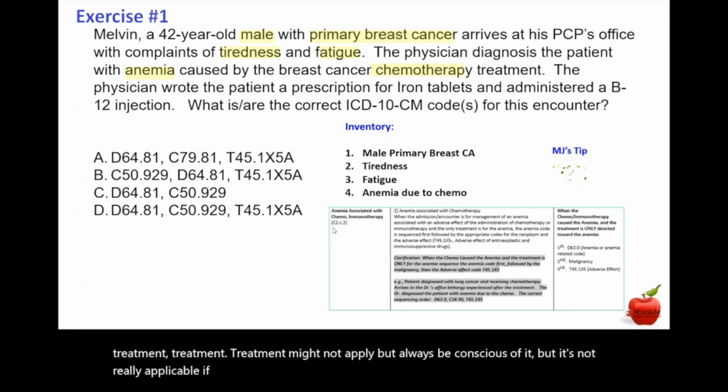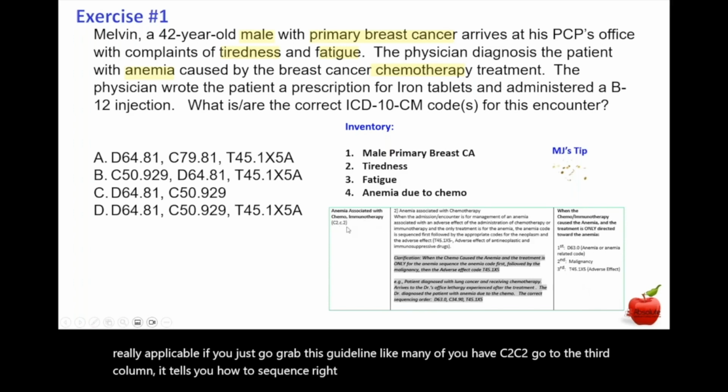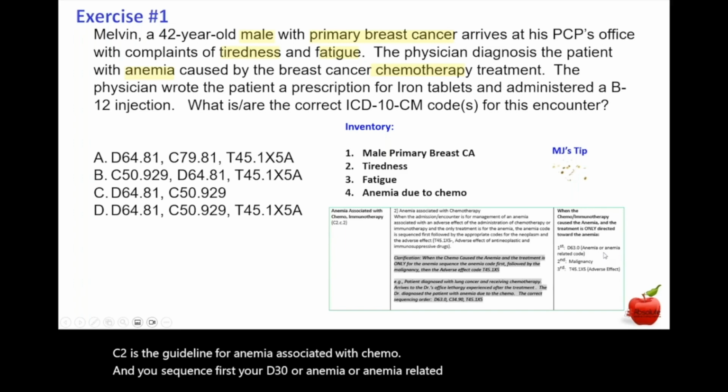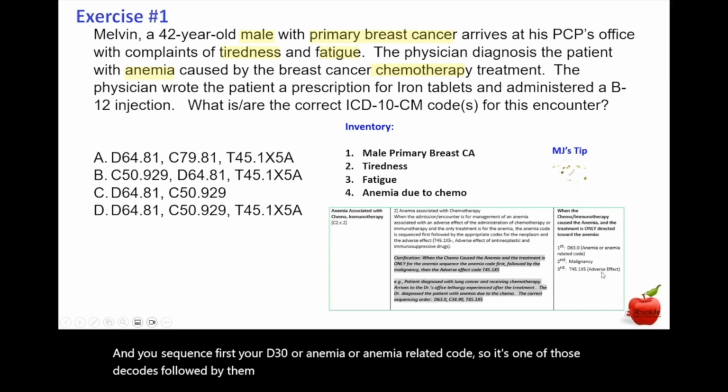If you just grab this guideline, like many of you have, C2C2, go to the third column, it tells you how to sequence. This C2C2 is the guideline for anemia associated with chemo. You sequence your D30 or anemia related code, one of those D codes, followed by the malignancy, followed by your adverse effects code T45.1X5.